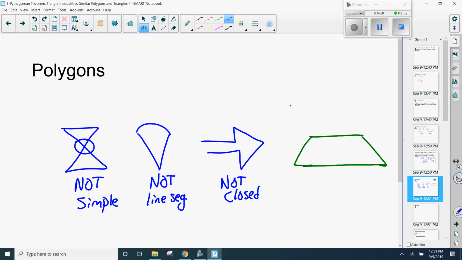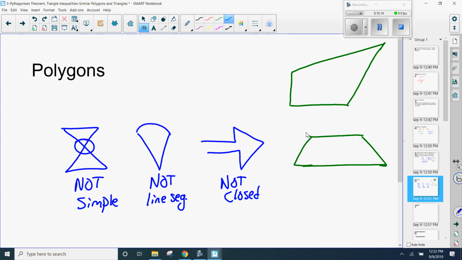Try this. There's 1, there's 2, there's 3, and there's 4. Are any of those parallel? No, you have no parallel sides. That's not a kite, unless these two sides would be equal in length and those two sides would be equal in length, and they're not.